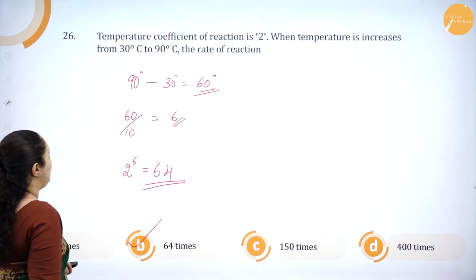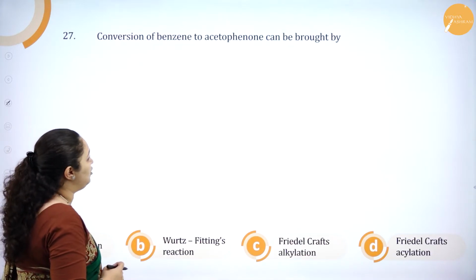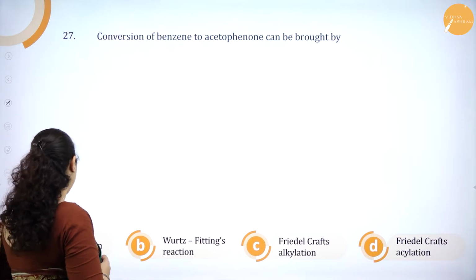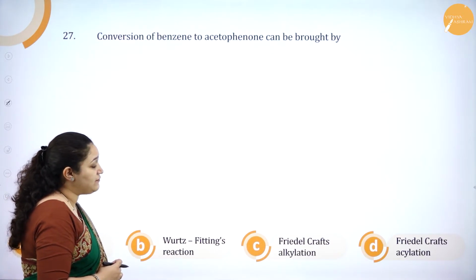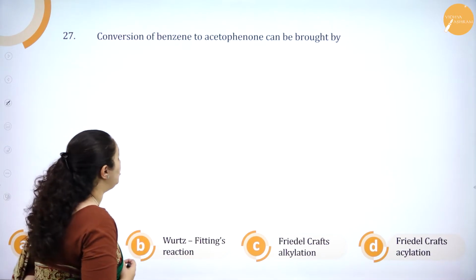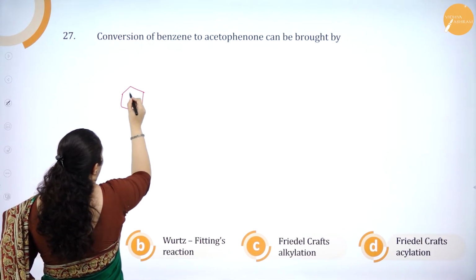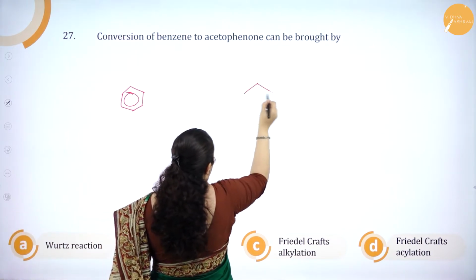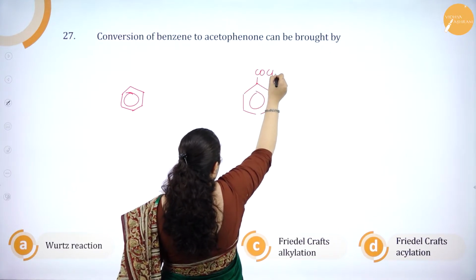Okay. Next question. Conversion of benzene to acetophenone can be brought about by Wood's reaction, Wurtz-Fittig reaction, Friedel-Crafts alkylation, Friedel-Crafts acylation. So what do we need? Benzene we have to convert into acetophenone. Acetophenone has a COCH3 group.